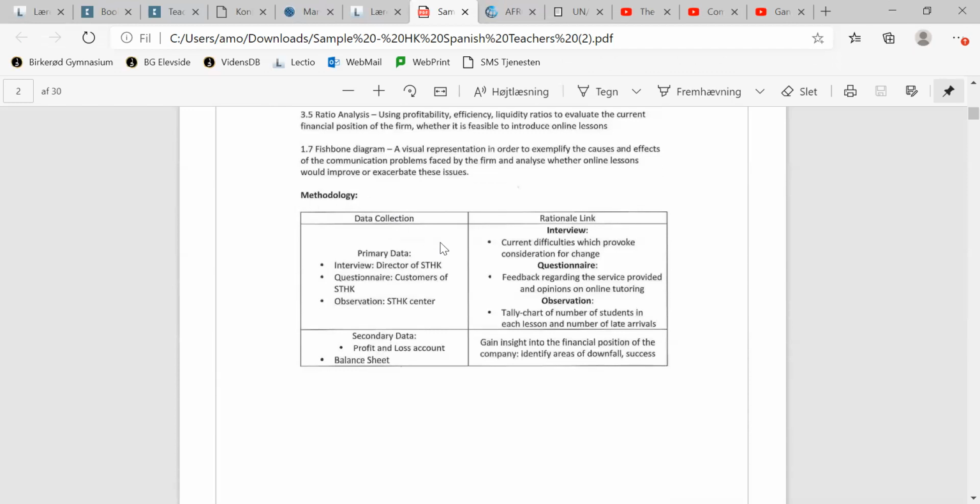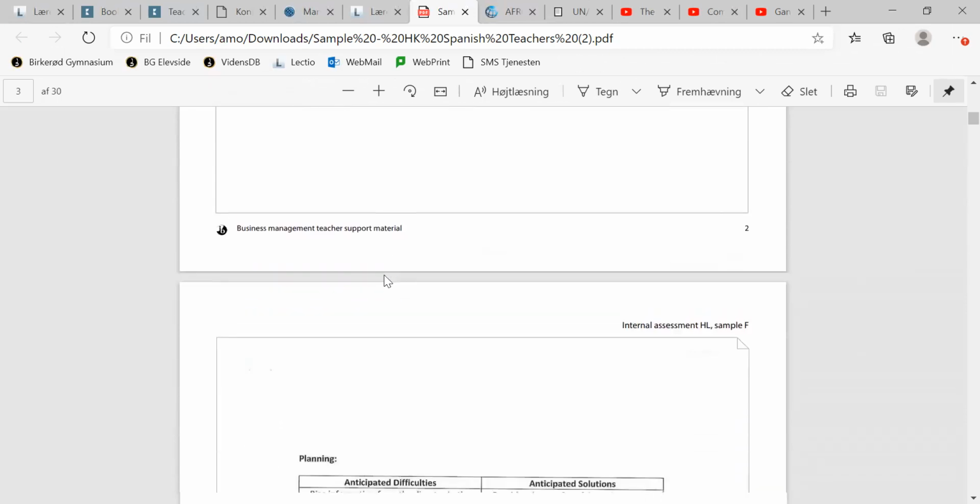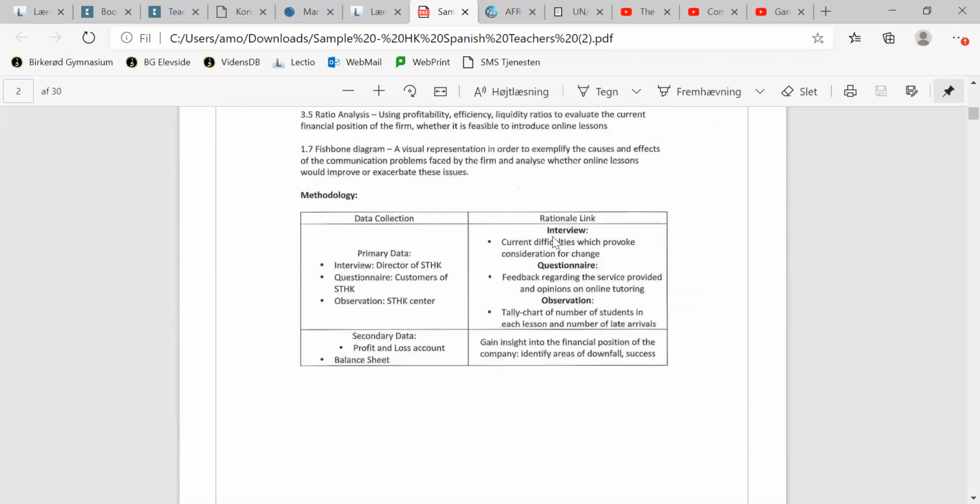Methodology. Again, in methodology, what we do here is your primary data, your secondary data, and we also have the rationale of why this is important and so on. On the primary data, I encourage all of you to ensure you can get maximum points in the research criteria: have an interview, a questionnaire, a survey, and then an observation.